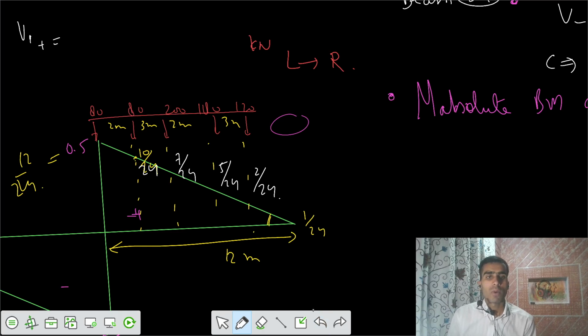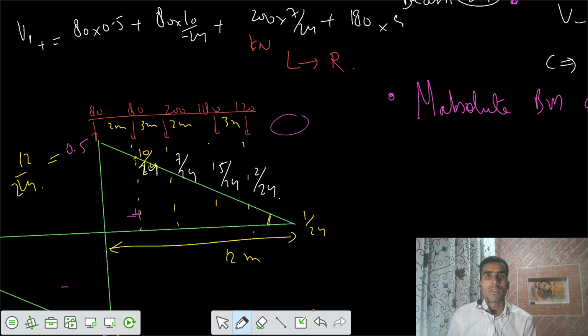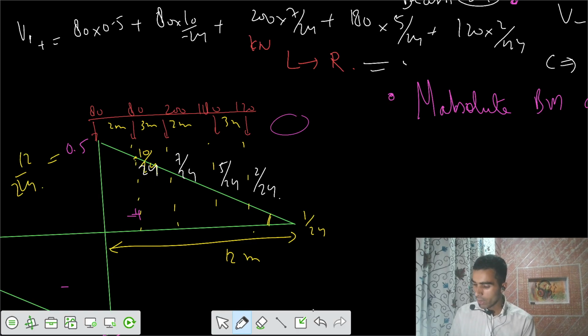If I write V1 positive, I would write 80 into 0.5 plus 80 into 10 by 24 plus 200 into 7 by 24 plus 180 into 5 by 24 plus 180 into 2 by 24, and that value is equals to 179.167 kilonewton.